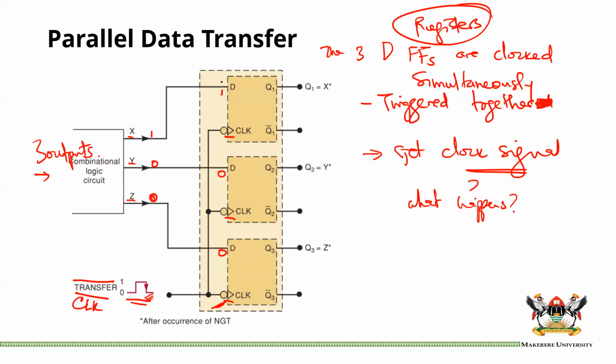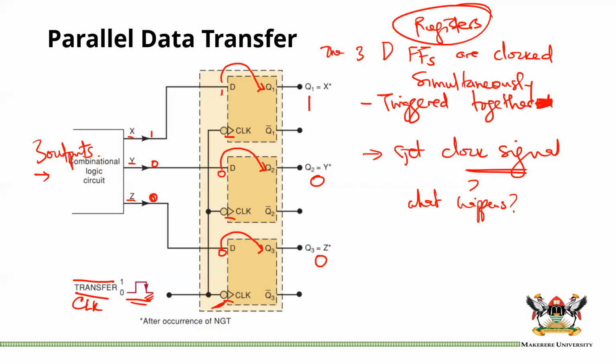So when you get your NGT, this 1 transfers to that point. This 0 transfers to that point. It's really not transferring; it's like the state changes. What was at the input simply goes to the output, and this 0 would go to Q3. So you have your 1, 0, 0. And this is the new state.